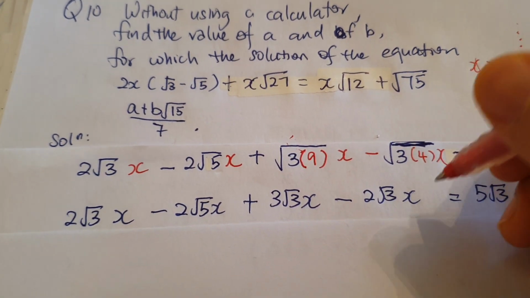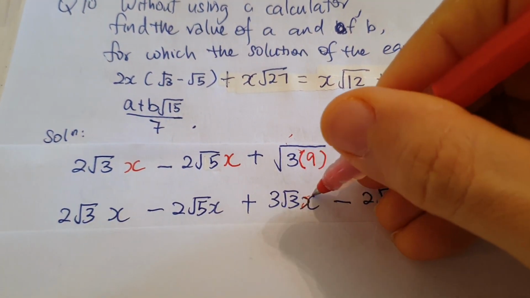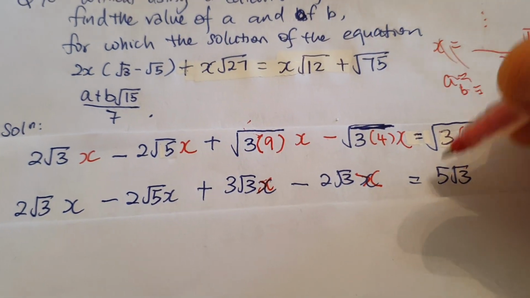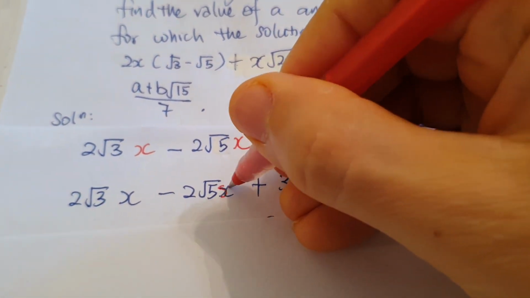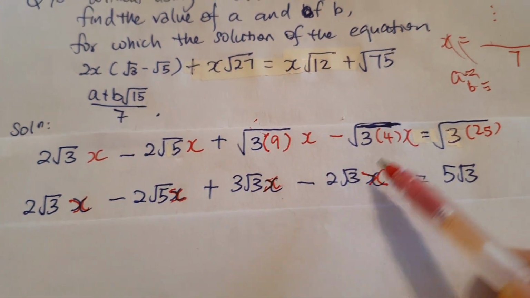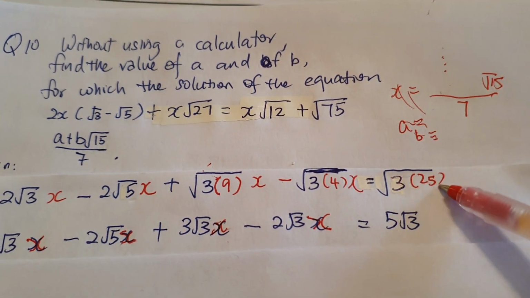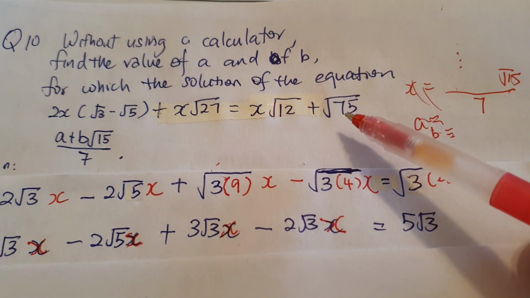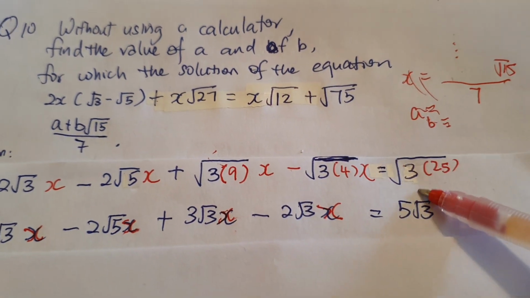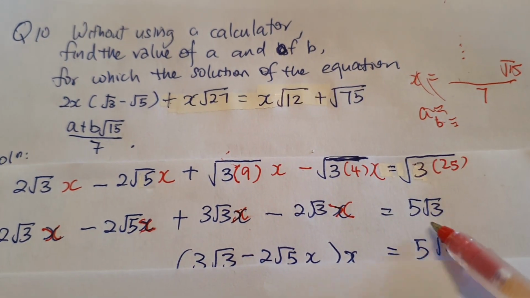Now as you can see, everything on the left side of this equation has an X. Okay, so I'm grouping all the X on the left hand side, leaving the only pure number, square root 15, which I can break up into, again I use prime number 3, okay, because I can square root the 25 to get 5.